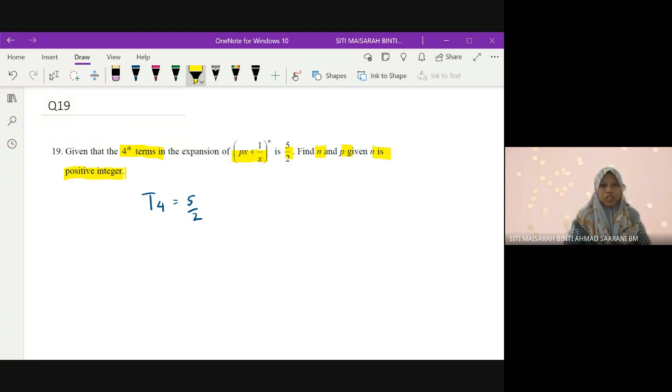If T4 is equal to 5 over 2, our formula is T R plus 1 equals nCR, A power n minus R, B power R. Here n is unknown, A is px, B is 1 over x.